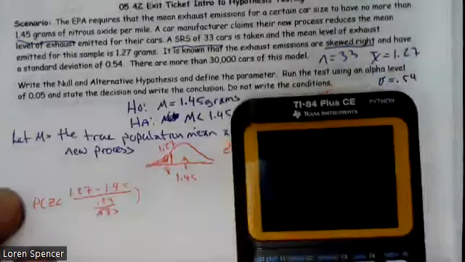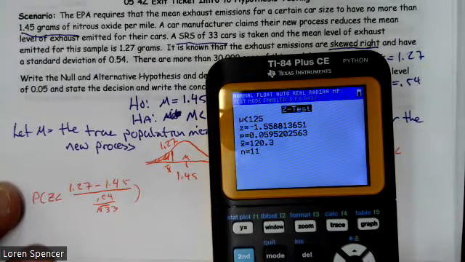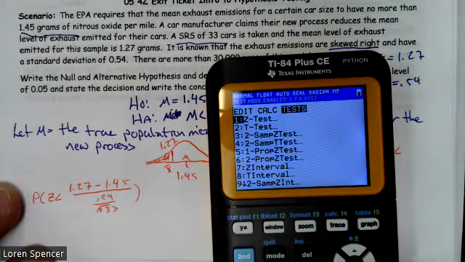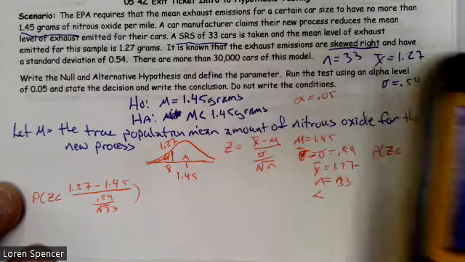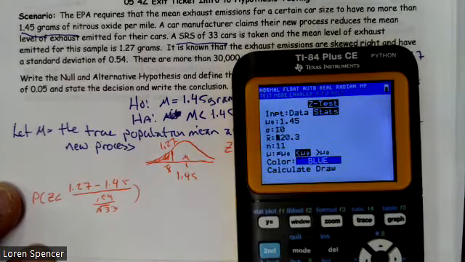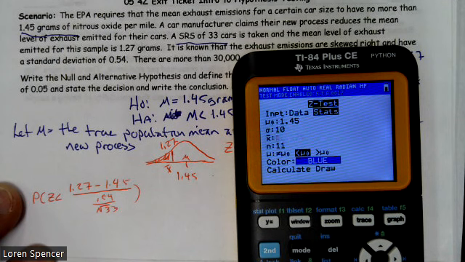This is going to be a z-test. Stat, test, z-test. Mean is 1.45. Standard deviation is 10. X bar is 1.27. N is 33.